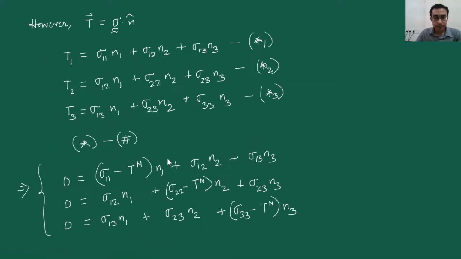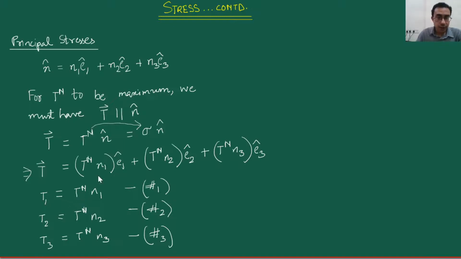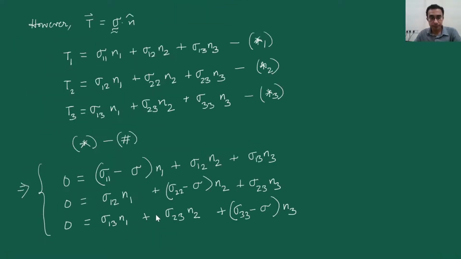So we can quickly change our notation here to sigma, sigma and sigma, and going back to this also, sigma, sigma, sigma, just a change of notation.